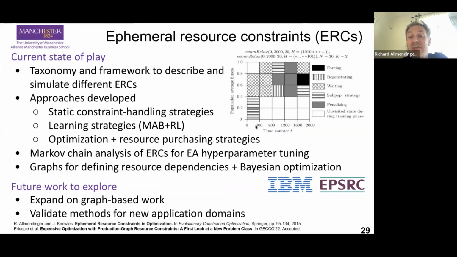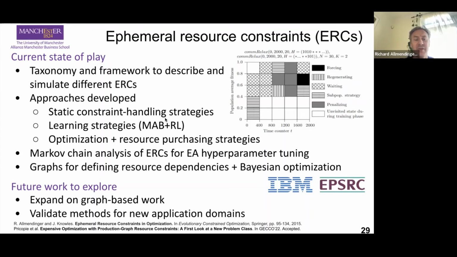Here our states were defined by the time counter, so how far into the optimization you are, and also by the quality of your population. We used an EA here. Based on these two state variables, we decided which of these simple constraint handling strategies should be used. And that strategy performed better than using just one strategy throughout the optimization process.